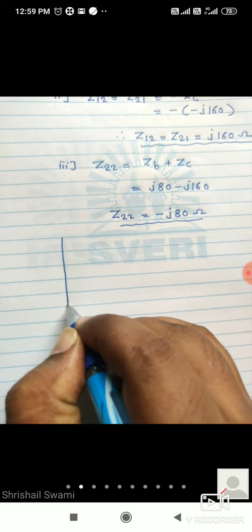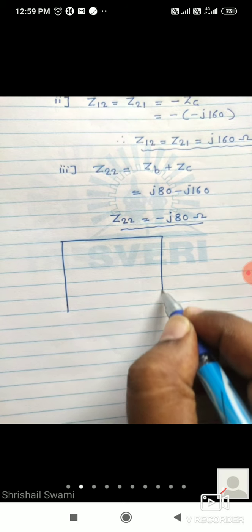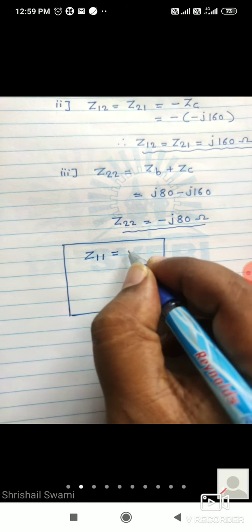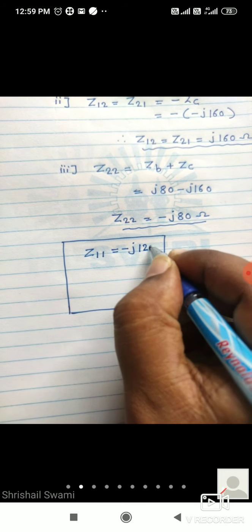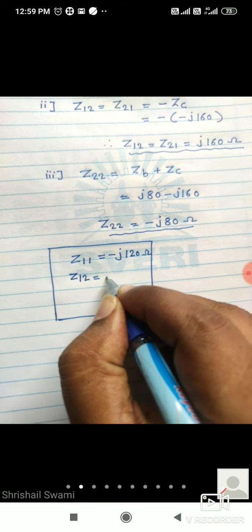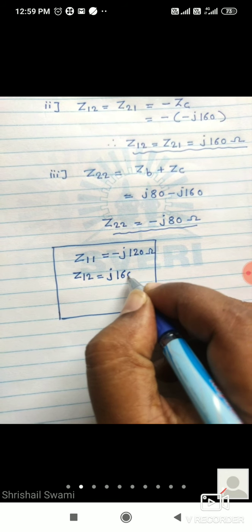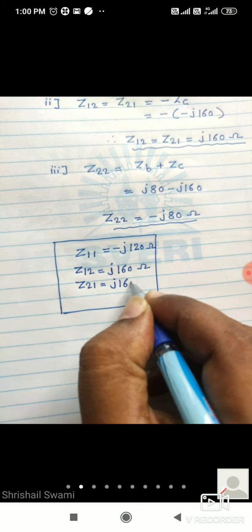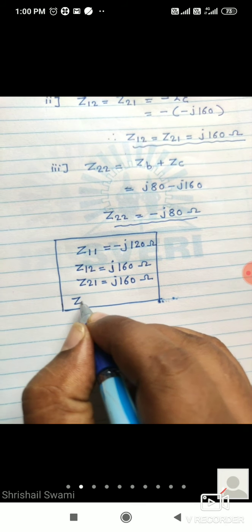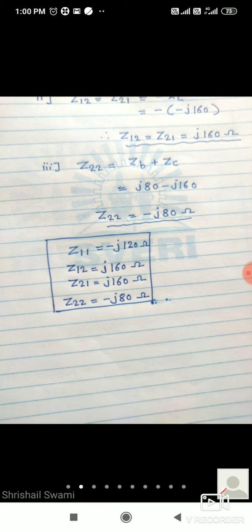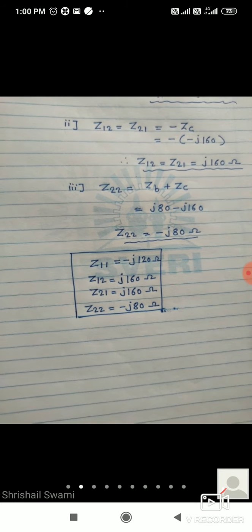Z parameters you can combinedly write in one box. Z11 is equal to minus J120 ohm, Z12 is equal to J160 ohm, Z21 is equal to J160 ohm and Z22 is equal to minus J80 ohm. So these are called Z parameters.